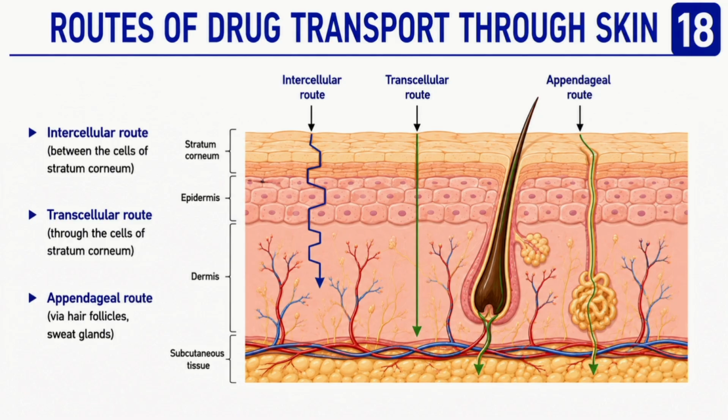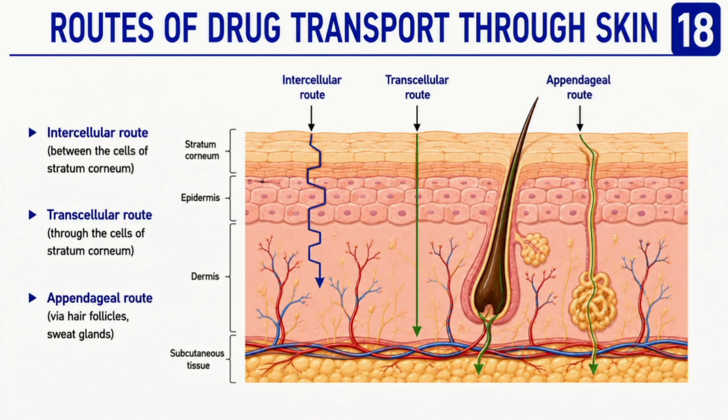Routes through skin. So there are mainly three conceptual pathways for the drug movements across the skin. The intercellular pathway involves the movement between the corneocytes. The transcellular pathway involves the movement through the corneocytes, and the appendageal pathway involves the structures such as hair follicles and the sweat glands.